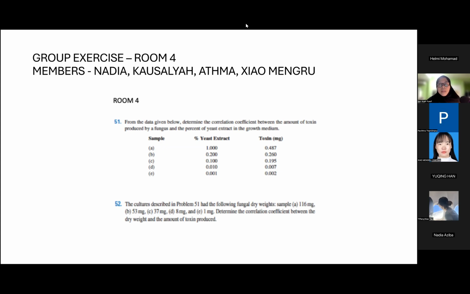So after my part, Dr. Helmi will be teaching you ANOVA. ANOVA will involve a lot of variables. And after Dr. Helmi, someone will be teaching you the usage of software. I forgot his name. Okay, I will introduce you after this.